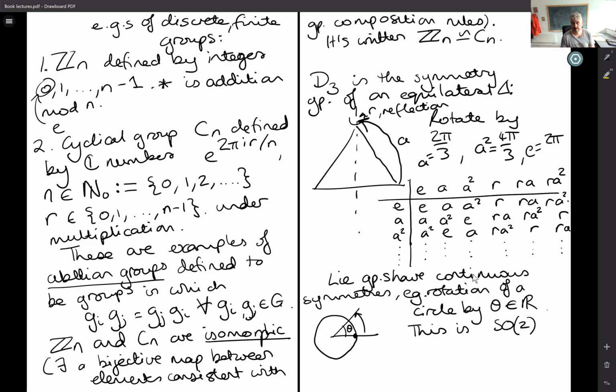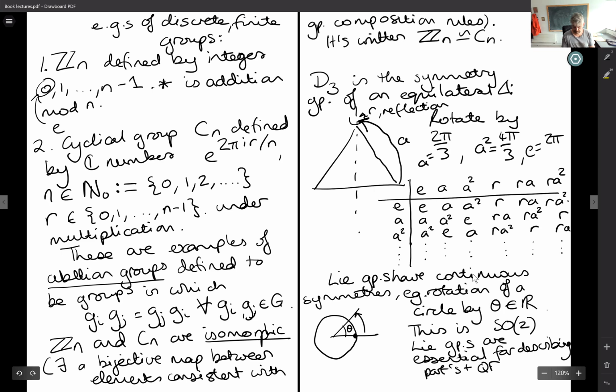So it turns out that Lie groups are essential for the description of particles, and quantum field theories of them. Let me just say this, we're going to call this circle S1. S means sphere, and S1 is a one-dimensional sphere. Sphere means spherical surface in maths language. And so a one-dimensional sphere is a circle.